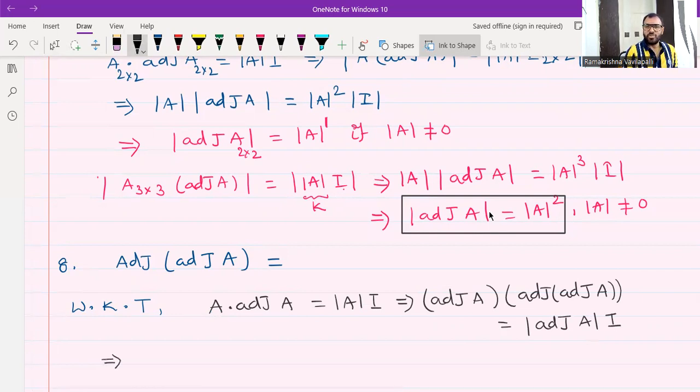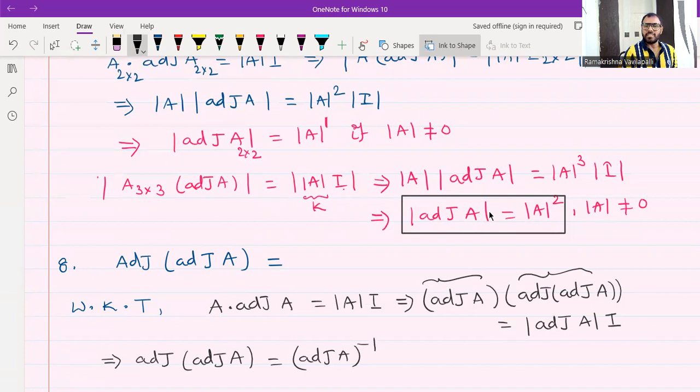Okay, so I need that what is adjoint of A. So this you send that side. Okay, so I am writing this. So this implies adjoint of A equal to, right side you will get adjoint of A whole inverse.